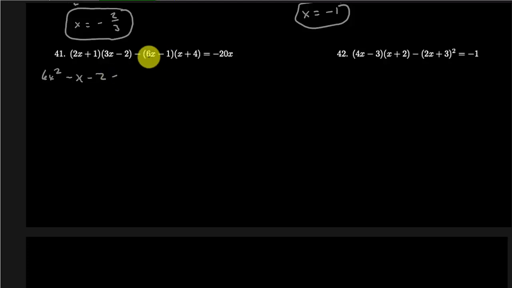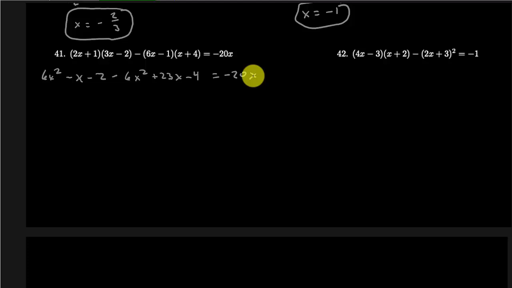And then minus FOIL. 6x times 6x is 6x squared. 6x times 4, that's 24x minus x is 23x, and negative 1 times 4 is negative 4, and that equals negative 20x.